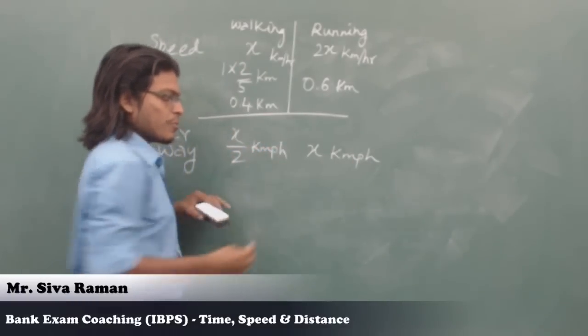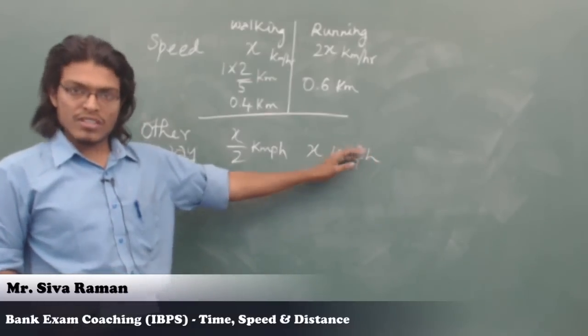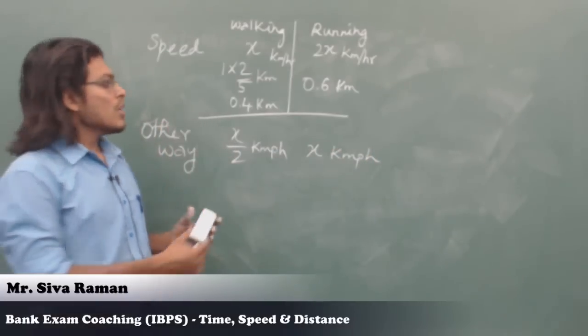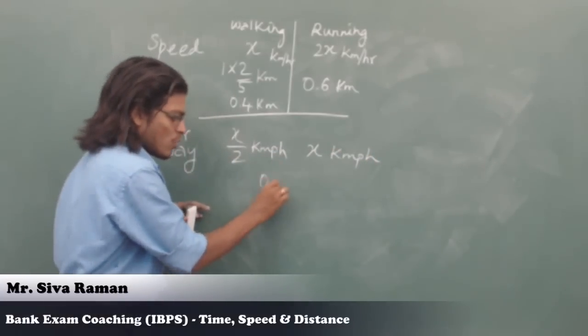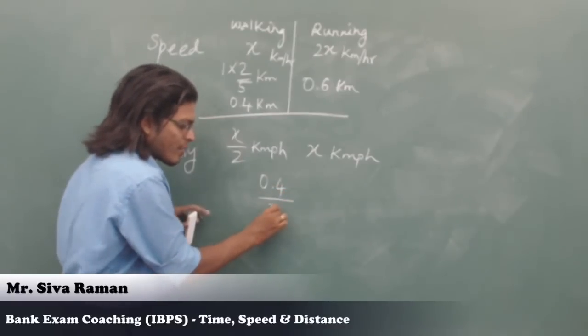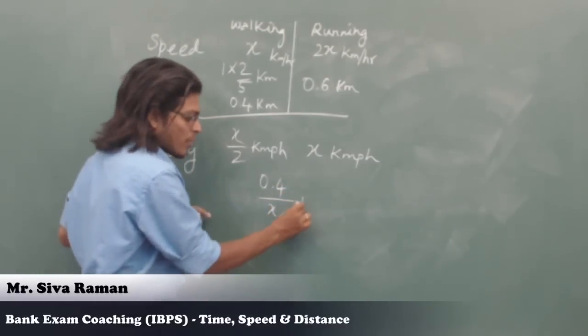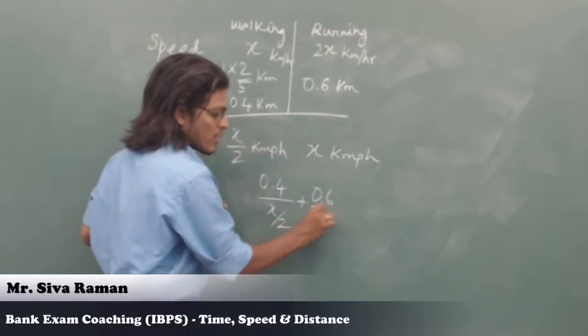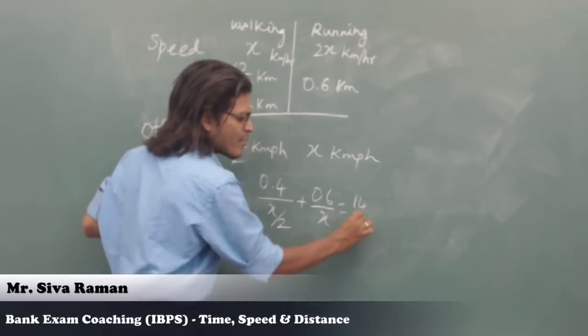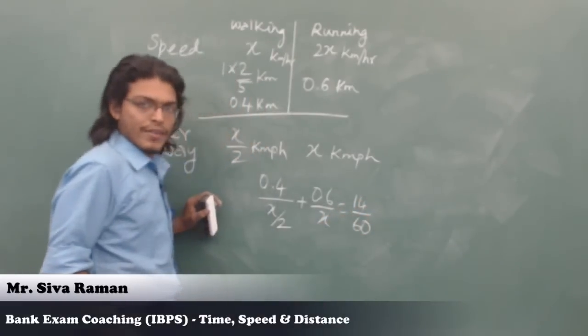So if the speed is double, if this is x, this is going to be x by 2. Now, even if we do it, 0.4 divided by x by 2 plus 0.6 divided by x is equal to the same 14 by 60.